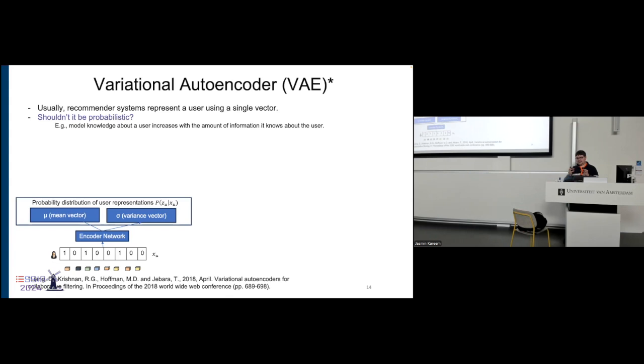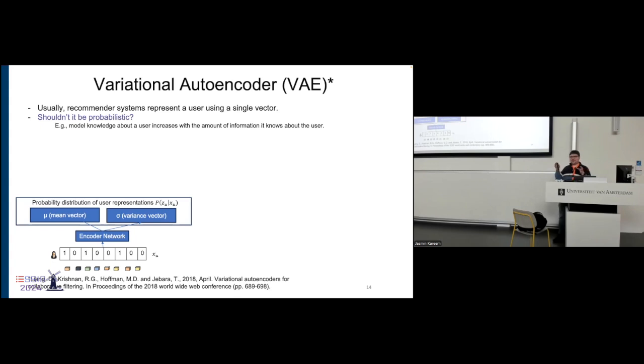So the idea here is that when the network looks at a user, it sometimes doesn't know what exactly this user looks like, what exactly this user is going to consume. There is some level of uncertainty there, right? And the more the user interacted with the system, in theory, this uncertainty should decrease.